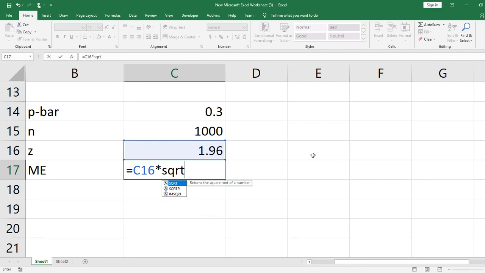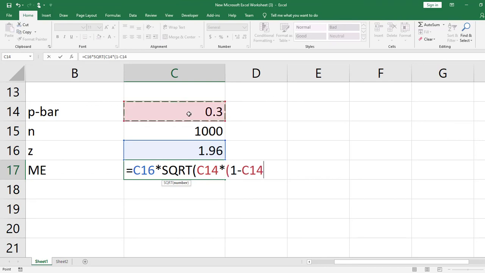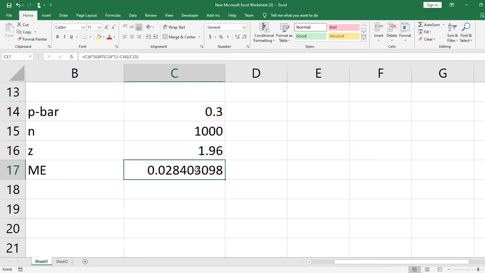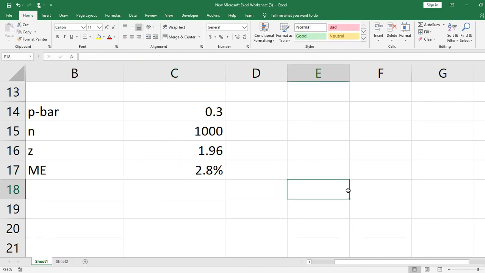So SQRT is our square root function in Excel. And then what do we do? 0.3 times 1 minus 0.3, divided by n. And of course, because I put in all cell references, I can change everything and we can change how things go. And so we have plus or minus 2.8 percentage points.